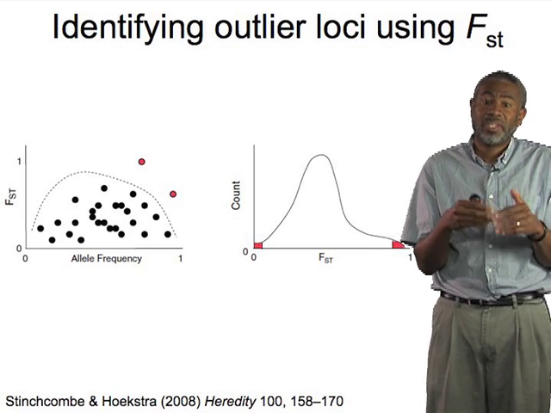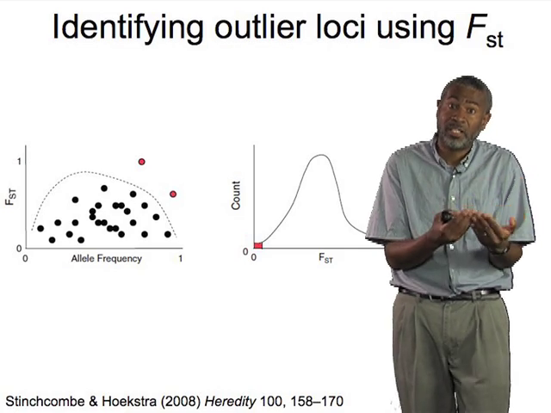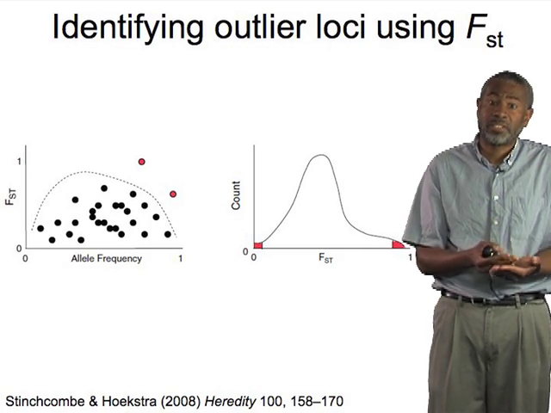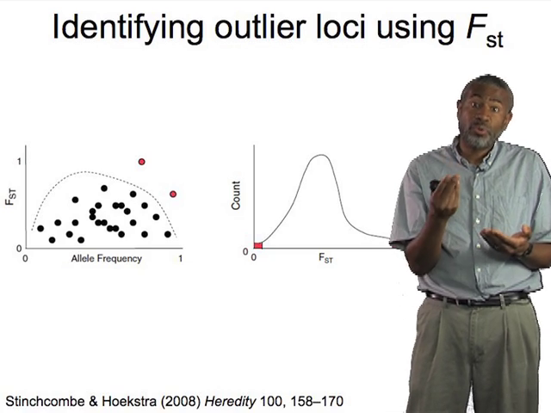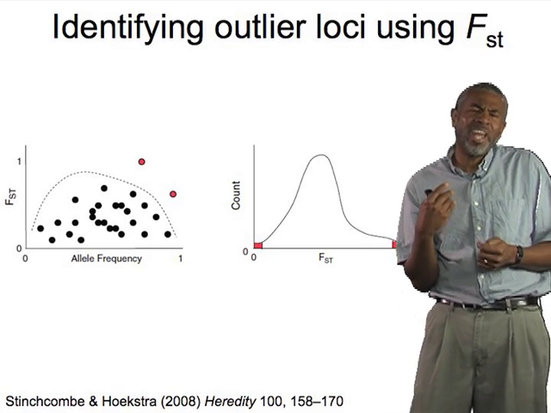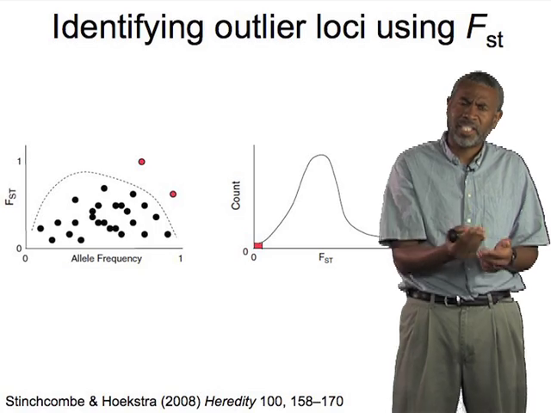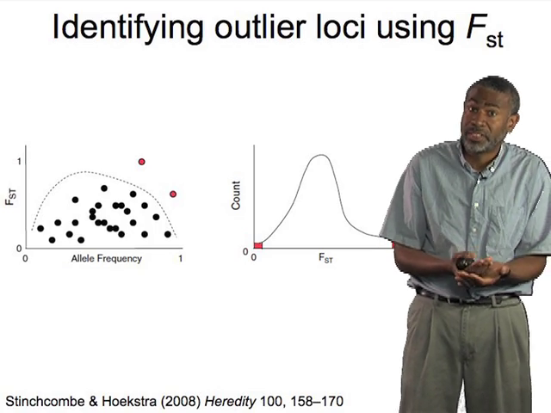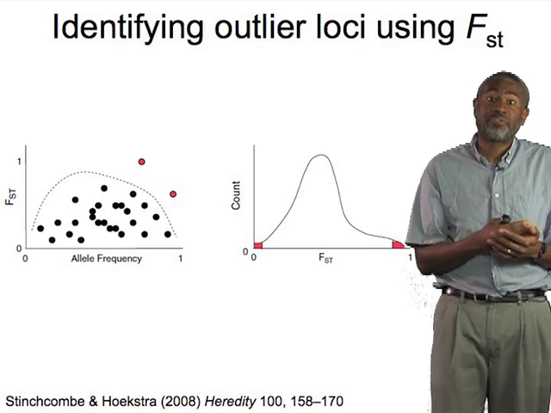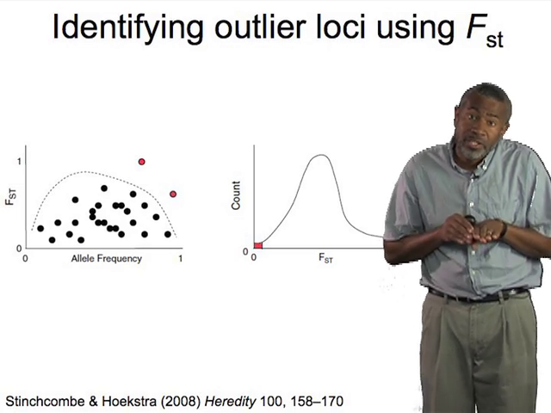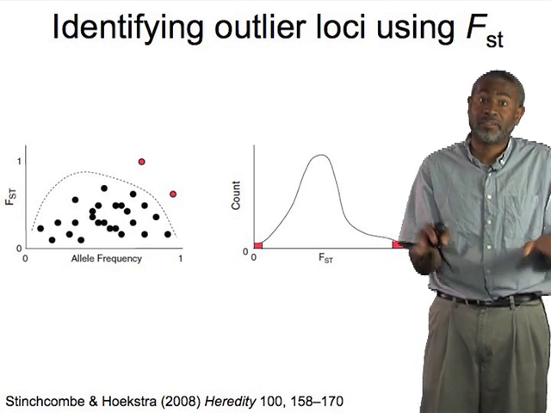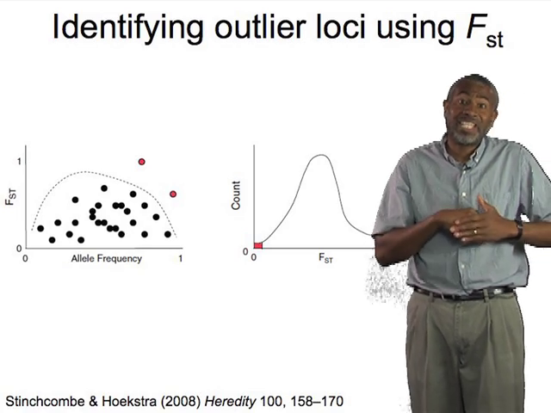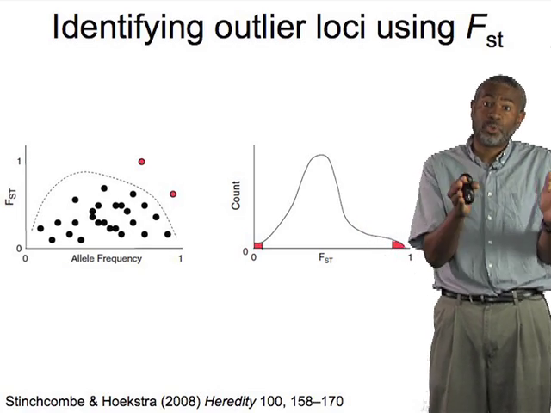Each dot in this diagram is a different gene from the same set of populations. What you can see is that above that dotted line we have two red dots which show an abnormally high FST given their allele frequencies. These are good candidates for alleles that have been driven apart not just by neutral processes but by natural selection. They show conspicuously high differences in frequency between populations.